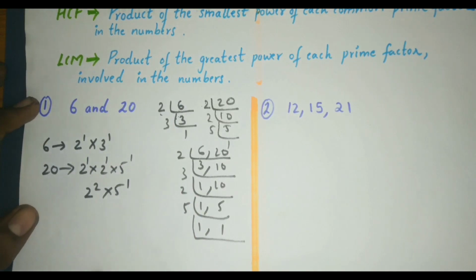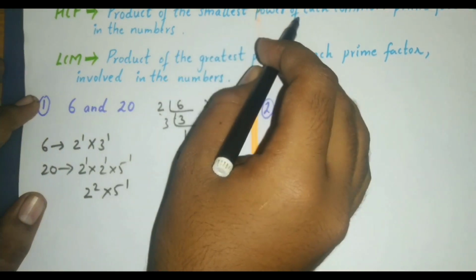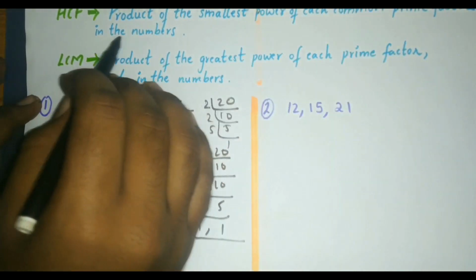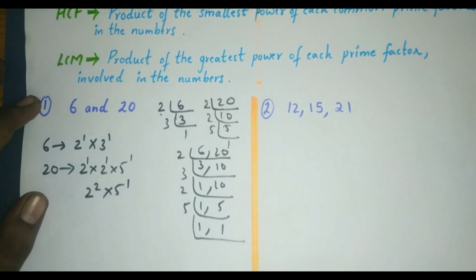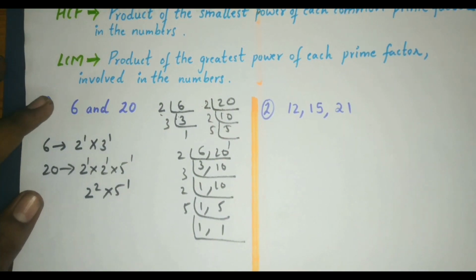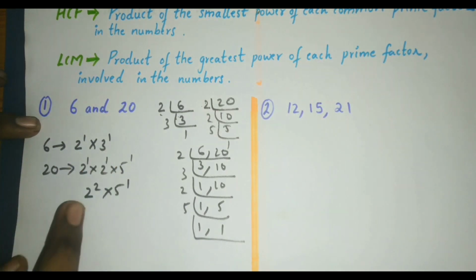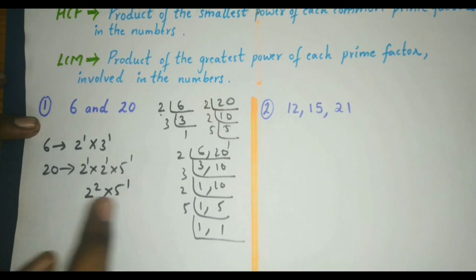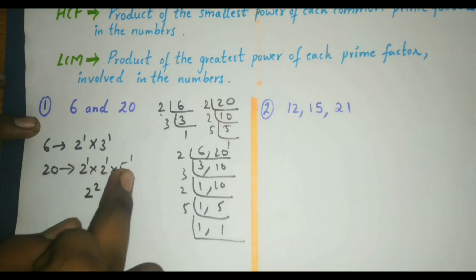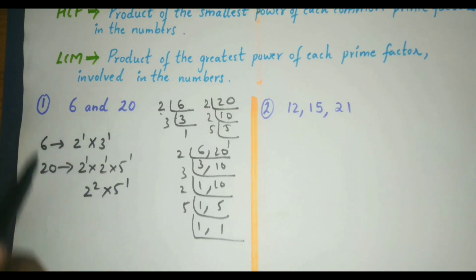To find the HCF, take the product of the smallest power of each common prime factor in the numbers. 6 is 2 power 1 into 3 power 1, and 20 is 2 power 2 into 5 power 1. What is common here?